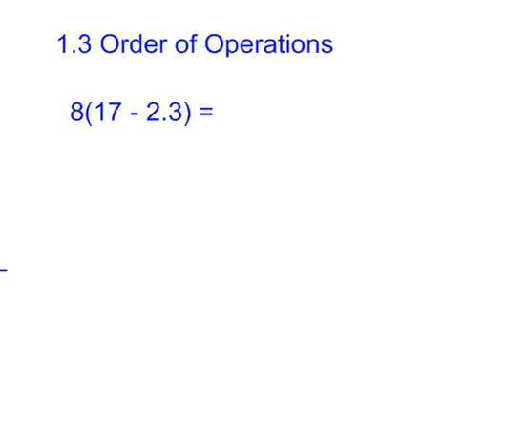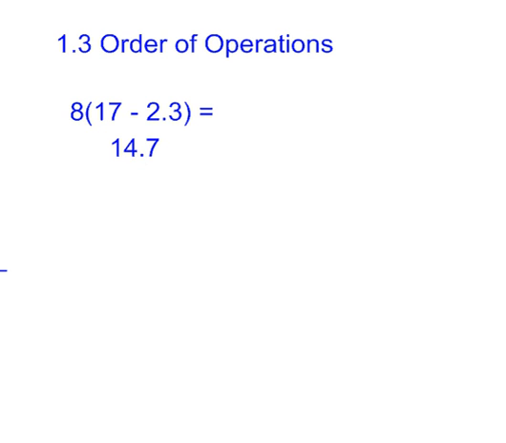Let's take a look at a problem from our textbook. This is 8 times the group 17 minus 2.3. And if we use order of operations, are there any parentheses? Yes. So we have to first take care of the 17 minus 2.3. And when we do this, we end up with 14.7.